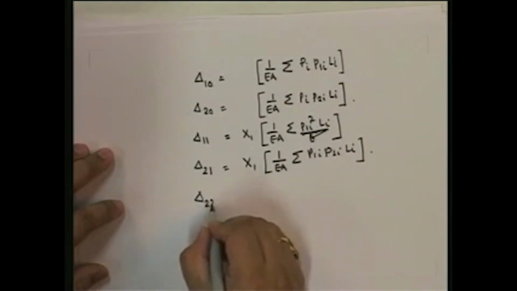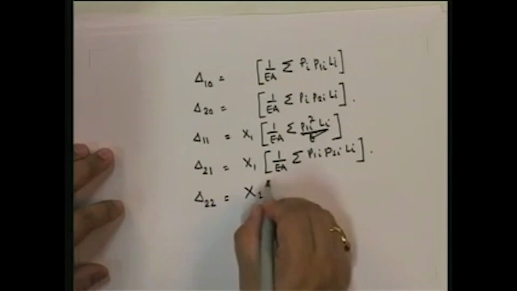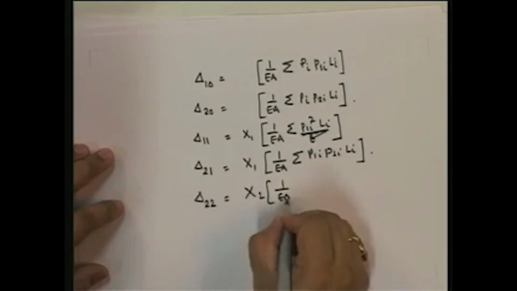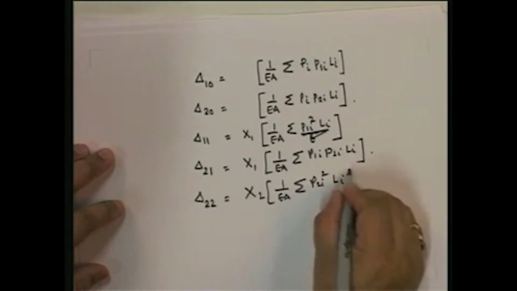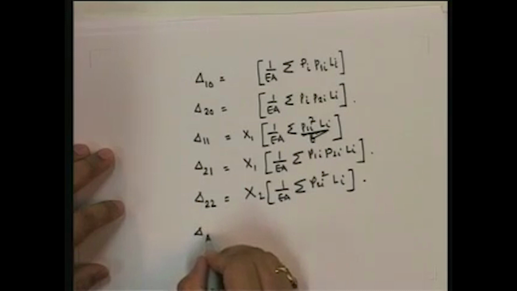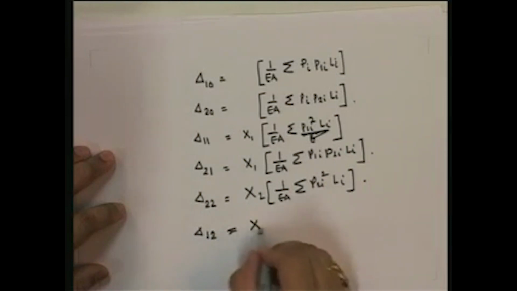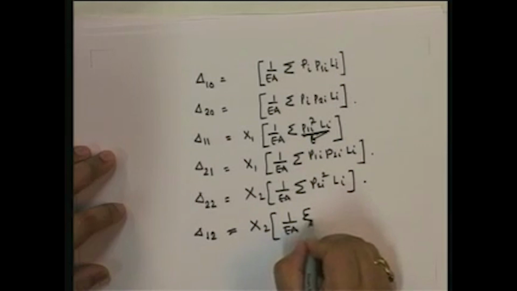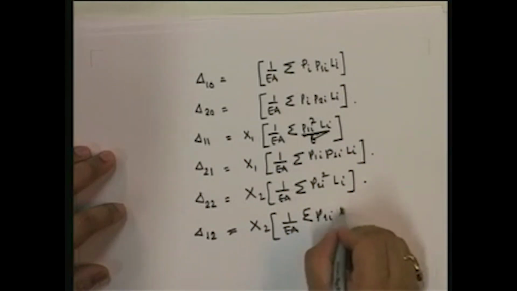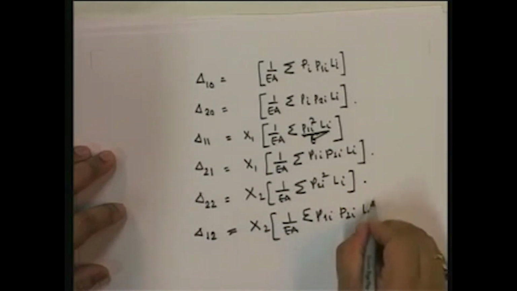Delta 2 2 is equal to x2 into 1 upon Ea summation P2i squared Li, and delta 1 2, the displacement at 1 due to x2, is equal to x2 into 1 upon Ea summation P1i P2i Li.